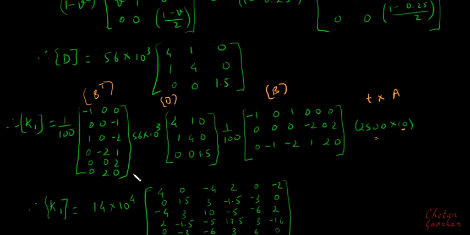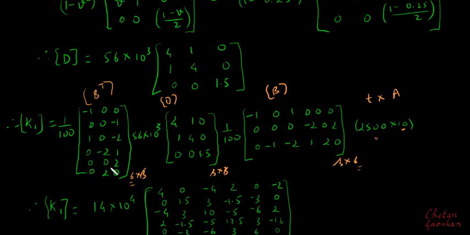So the size of this matrix is 6 by 3, this is 3 by 3, this is 3 by 6, and from here we can easily understand that the stiffness matrix will be a 6 by 6 matrix. What you can do is first multiply this matrix with this matrix. You can bring out all these terms on the left hand side, multiply them, and that should come to this.